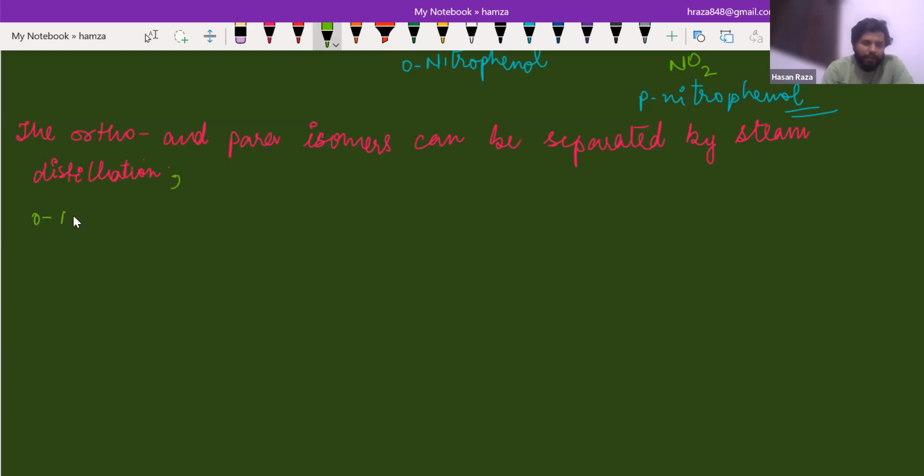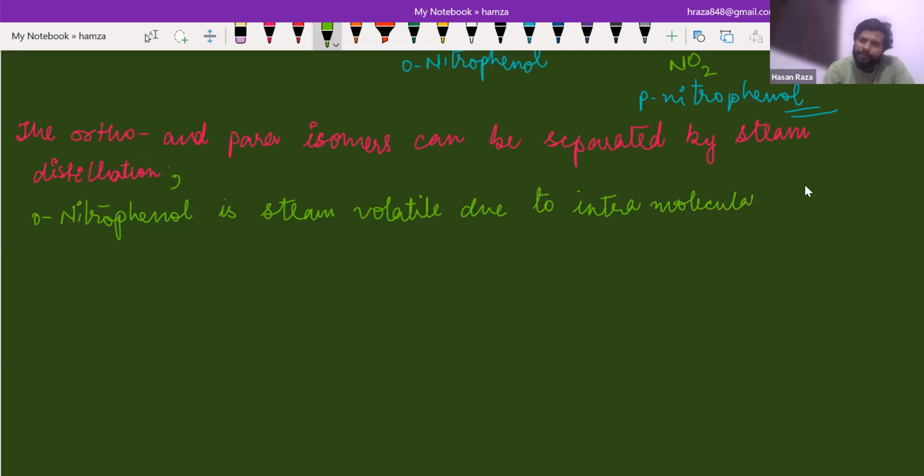Actually, the ortho-nitrophenol, O-nitrophenol, is steam volatile. Why is it steam volatile and para is not steam volatile? Because of intramolecular hydrogen bond. Do you know what is intramolecular hydrogen bonding, Nafisa?